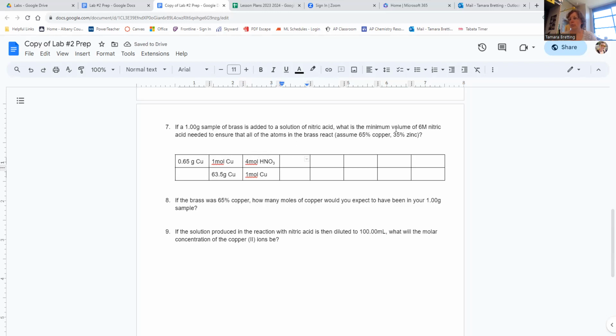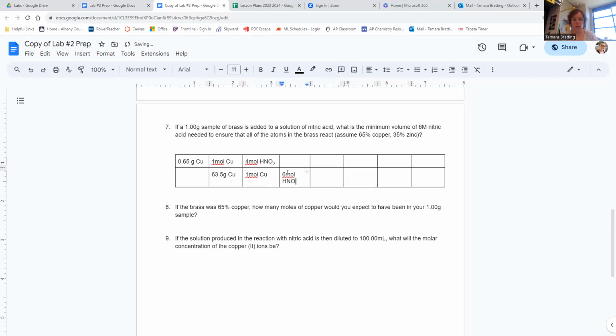Okay, so now I've got moles of HNO3. I'm trying to get to volume. Well, remember, capital M, molar, means moles per liter. So I've got 6 moles of HNO3 in every 1 liter of HNO3.